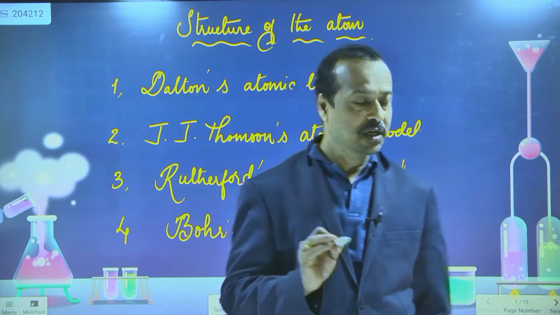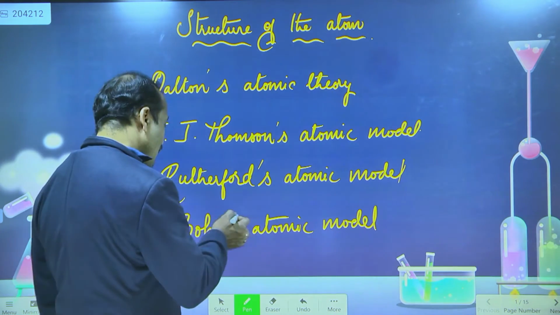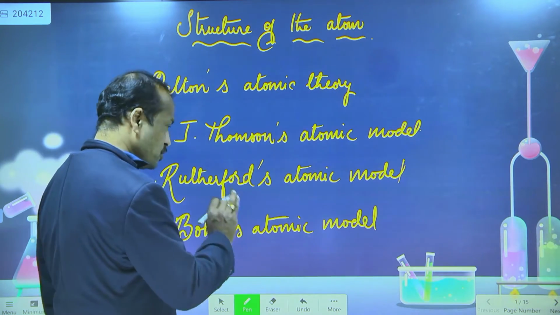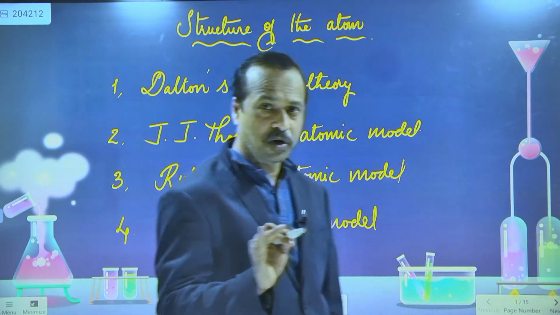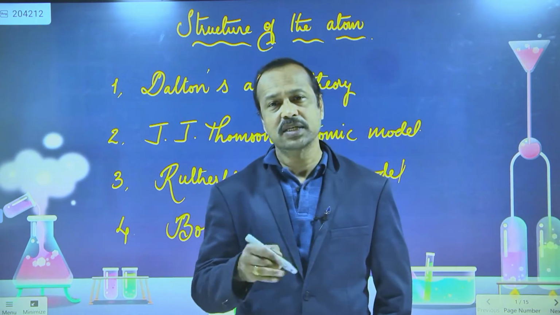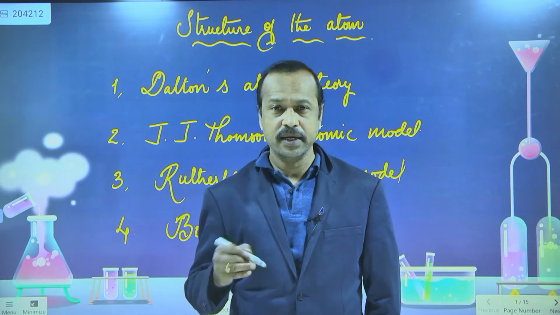Based on that he proposed this atomic model, and in this Bohr model almost all points are correct, but later it was slightly modified and explained in a more detailed way.